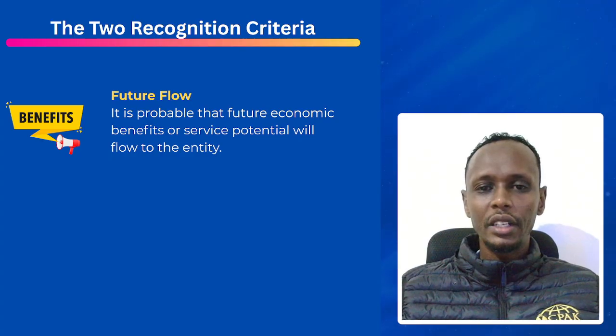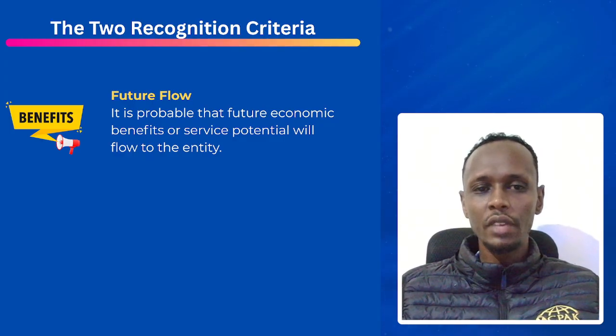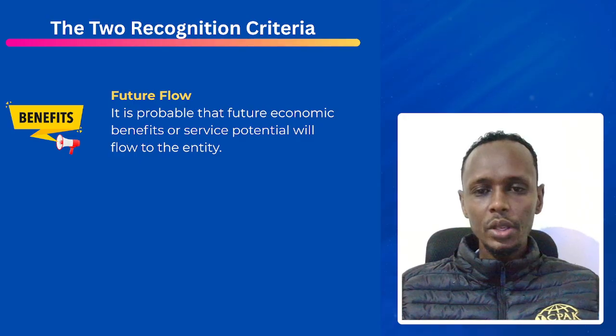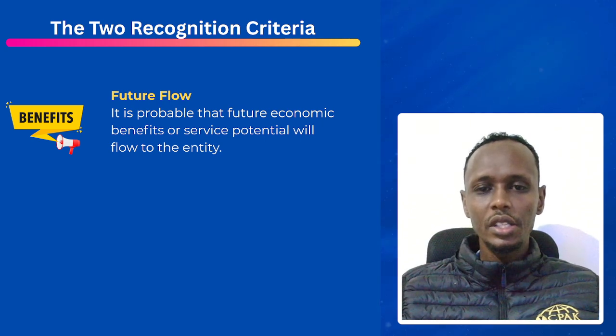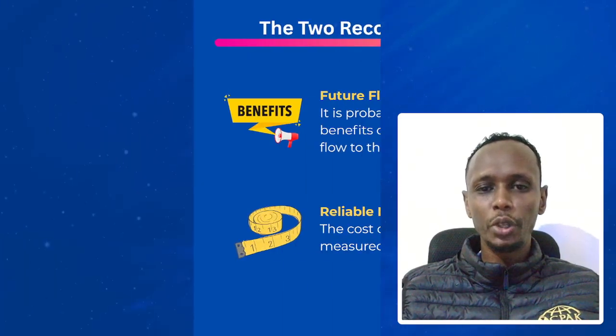That you can use that asset to either get economic benefits or for service potential. For example, if it is a building, then you can use it for administrative purposes. If it is a vehicle, then you can use it to transport the staff. So it is probable that you will get future economic benefits or service potential.